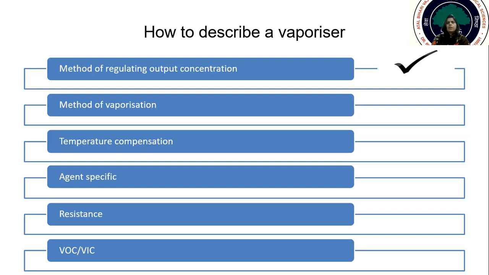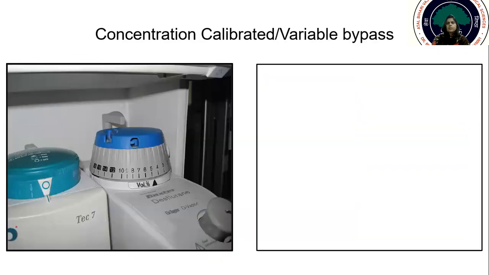Now let's move and understand the concept one by one on the basis of method of regulating output concentration. You can see that there's a dial, or even there could be a knob on the vaporizer. You can see the calibrations and it is marked in volume percentage.